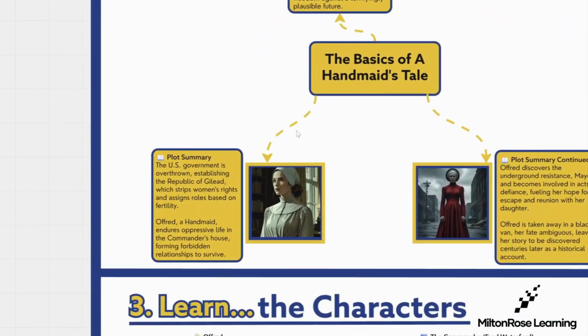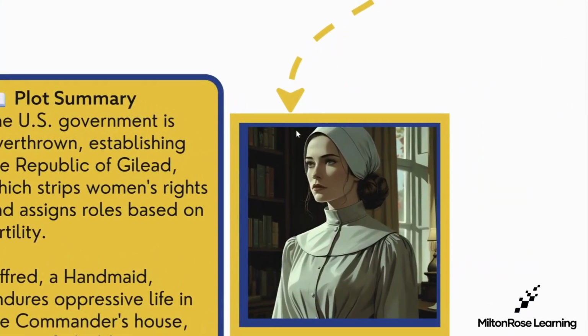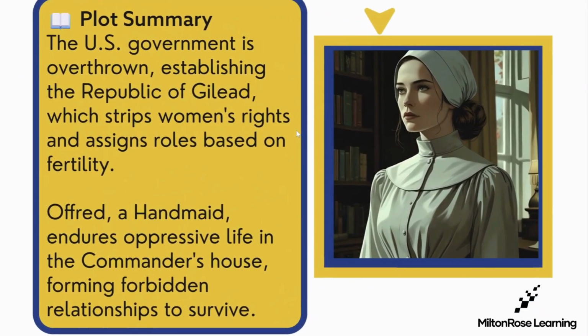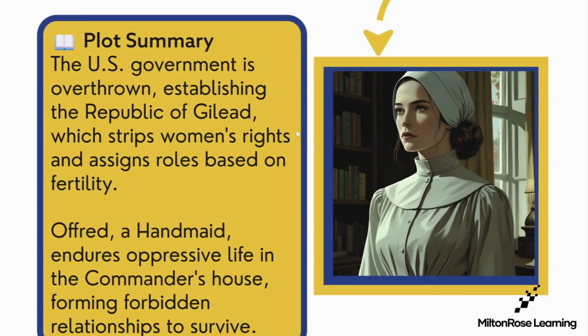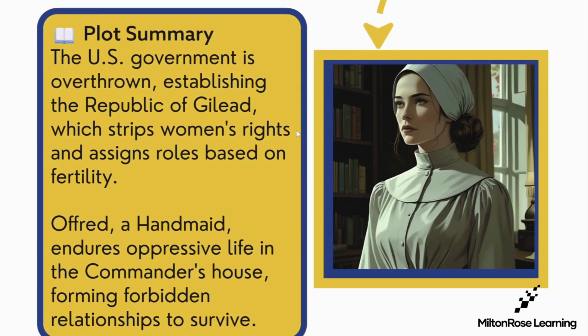Okay, right, plot summary. Just to give you a very quick overview, the US government is overthrown in the text, and it's replaced by the Republic of Gilead. And it strips women's rights away, hence the feminist element of the text, and assigns roles based on fertility, your ability to have children, basically.